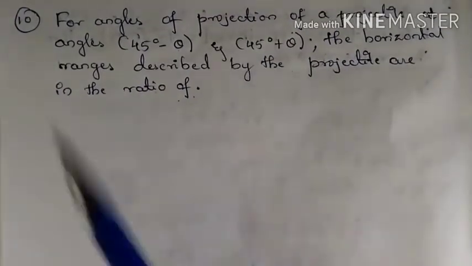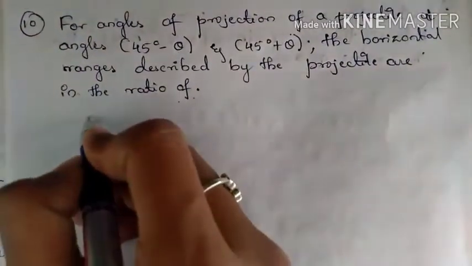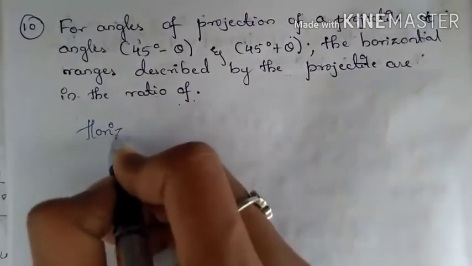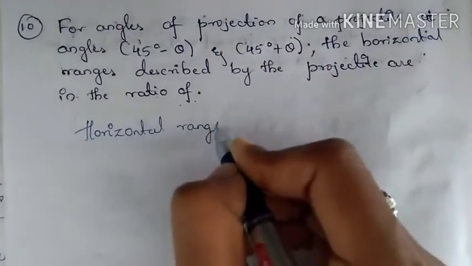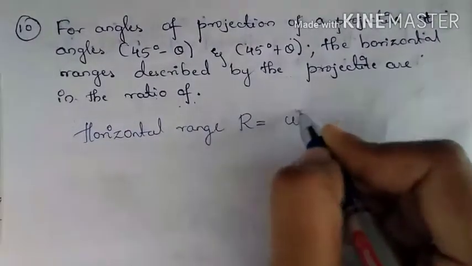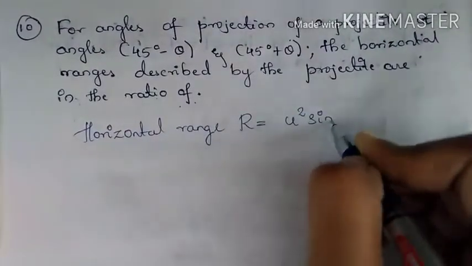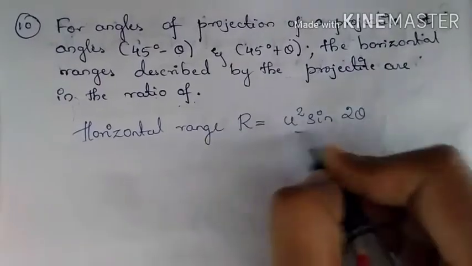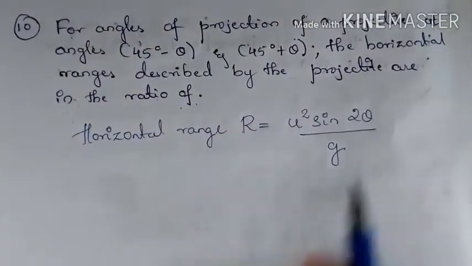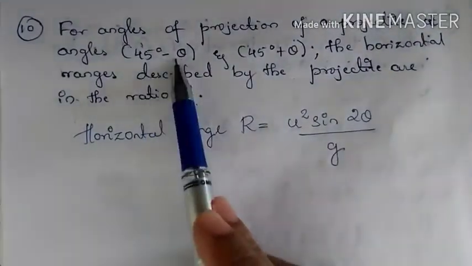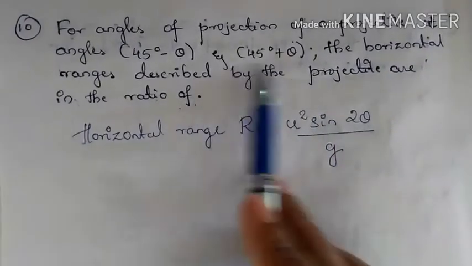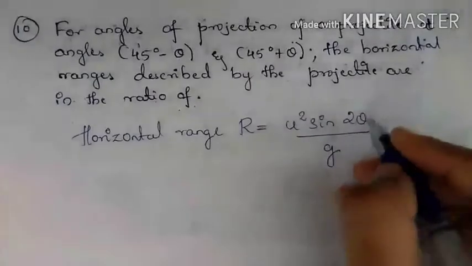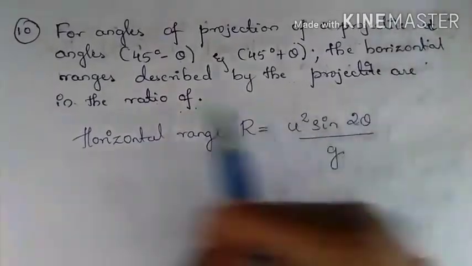So we know that horizontal range R is equal to u square sin 2 theta by g. The theta value given is 45 degree minus theta and 45 degree plus theta. You can also take this as alpha, not necessary.